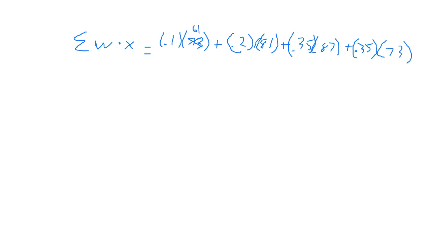All right. So anybody got calculator skills out there? Take 0.1 times 61. Well, that would just be 6.1. And then 0.2 times 81. That's 16.2. And then can you guys tell me what's 0.35 times 87?